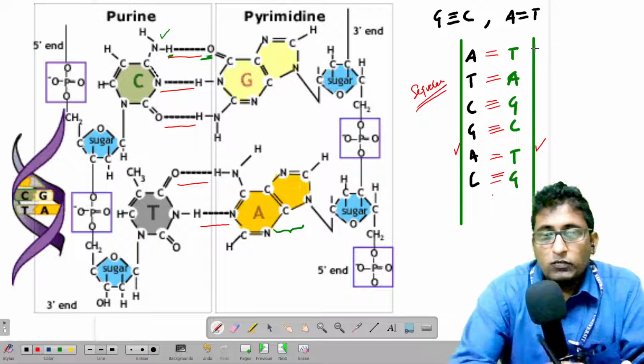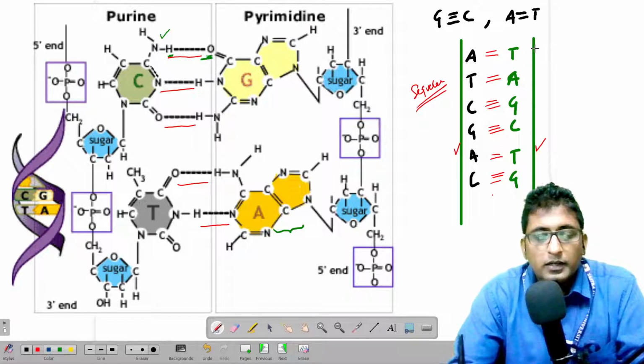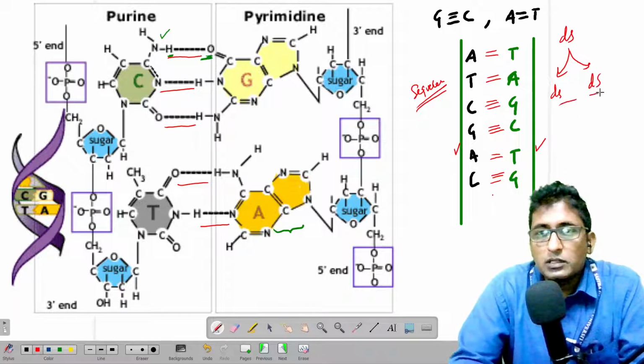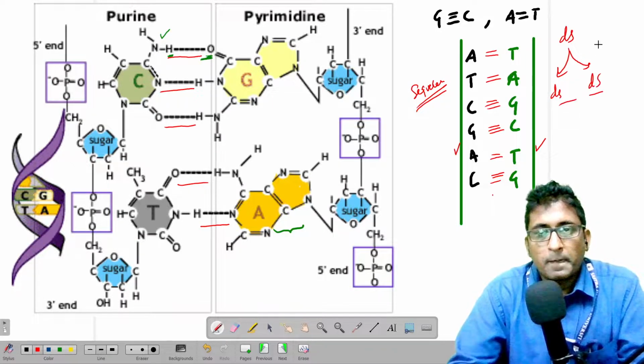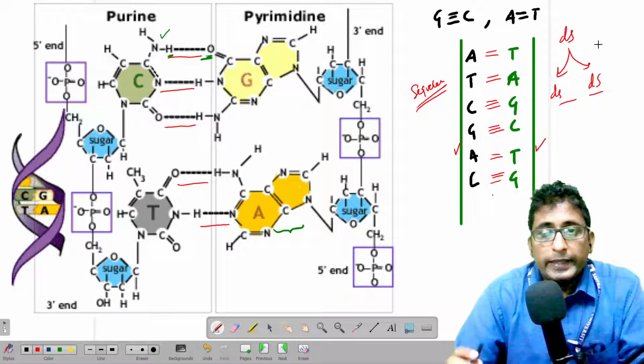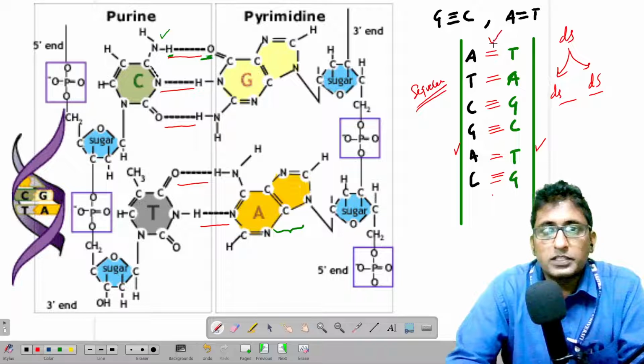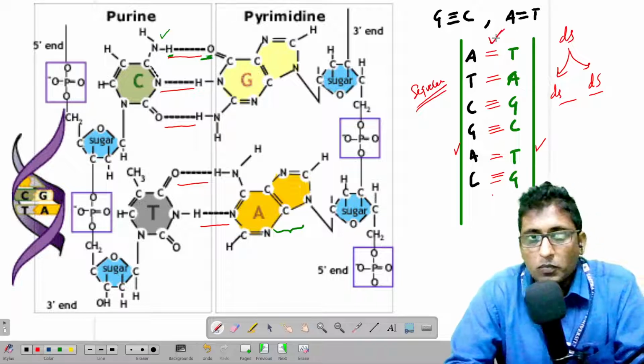Because the information of one strand is resulting in another strand. Like we discussed before, double-stranded DNA can give rise to two double-stranded DNA, and they will be identical to the parent DNA. So that way, the inheritance of information is happening because of these hydrogen bonds.